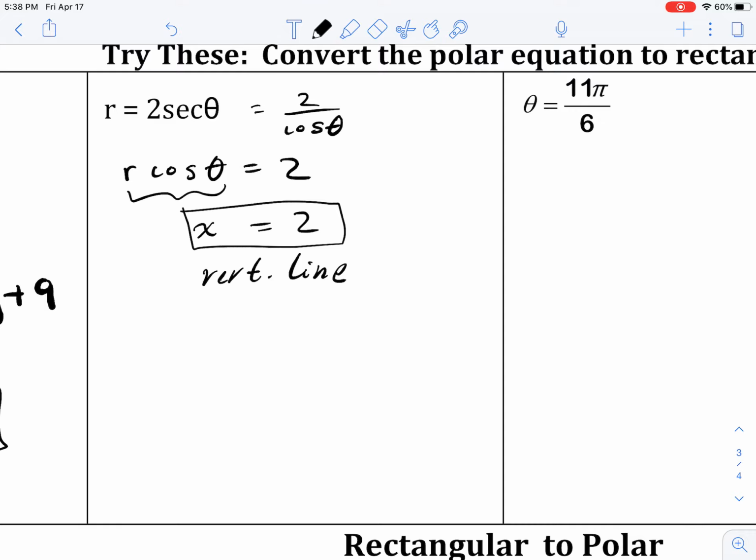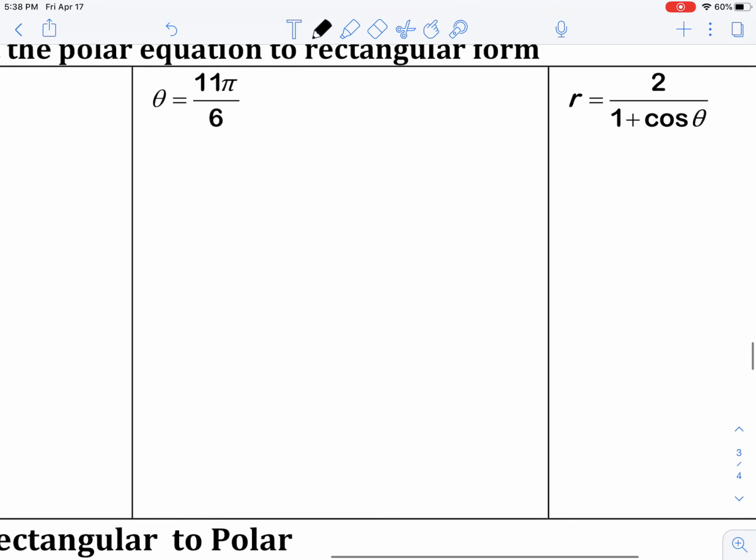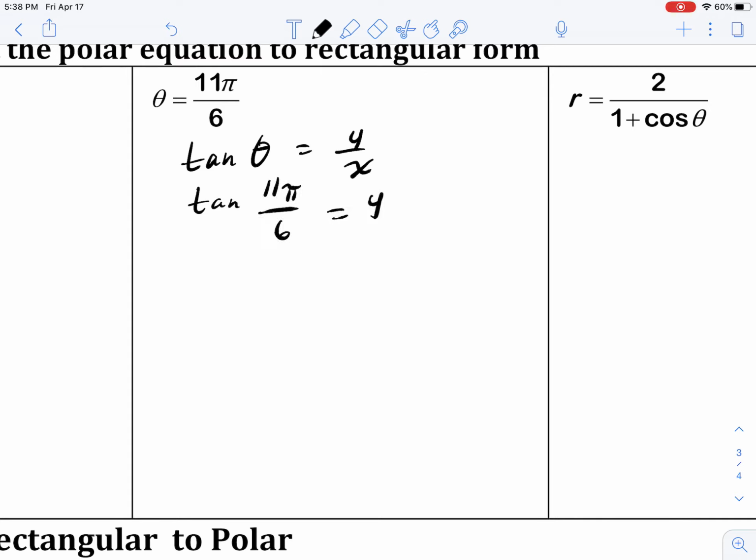All right, now this next one here, we have theta. And just like we did in the previous problem, we're going to use tangent. We can say that tangent of theta is equal to y over x, and we're given theta, so tangent of 11 pi over 6 is equal to y over x, which evaluated would just be negative root 3 over 3.